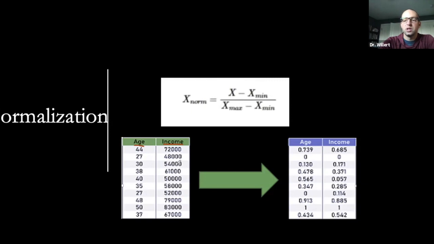And normalization helps to move all those variables onto the same scale so that regularization can penalize large parameters equally amongst all of the variables.